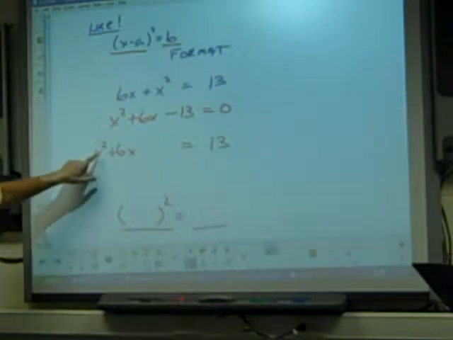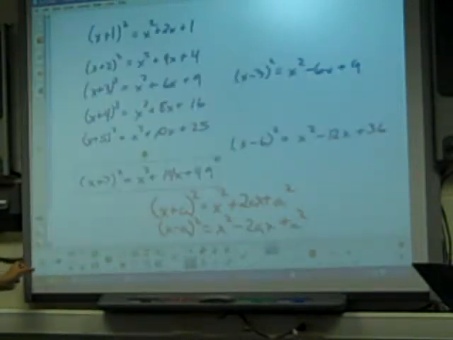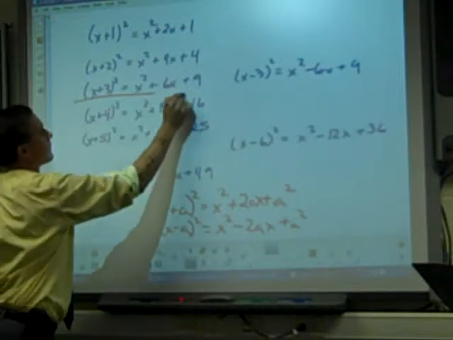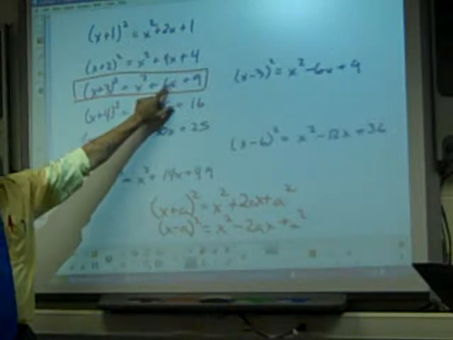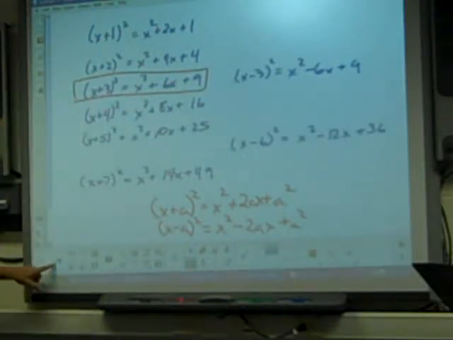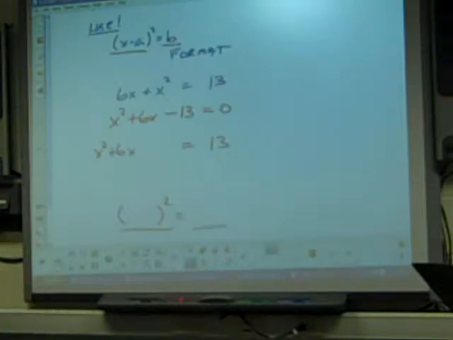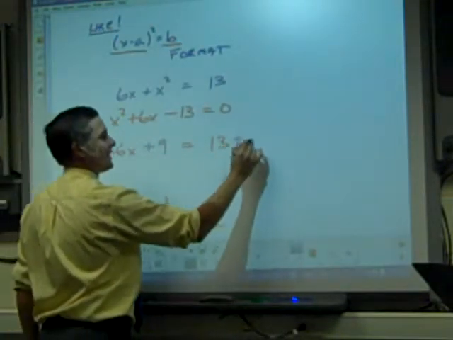So I see I have x squared plus 6x. If I go back a couple screens, x squared plus 6x, if I had plus 9, it would be equivalent to x plus 3 squared. Well, I'm allowed to do anything I want, so I will add 9 to both sides.